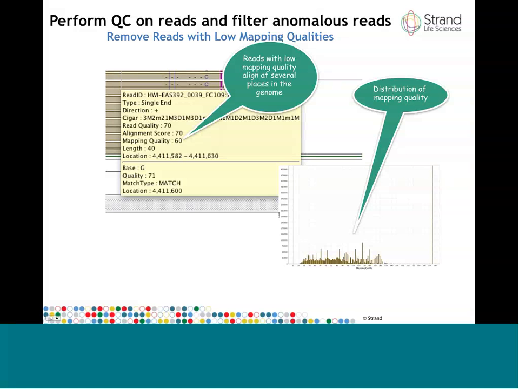Again, you can set a cutoff and say remove all the reads which have mapping quality lower than 40, let's say, and you'll retain only reads which are reasonably unambiguously placed in the genome. If this step was not done, we've observed that it leads to a lot of spurious SNP calls and structural variant calls as well.